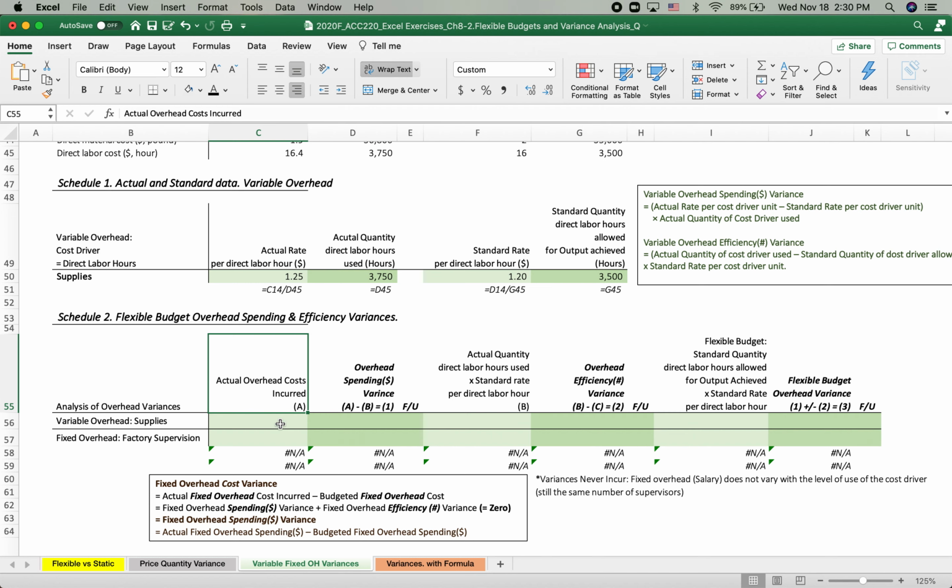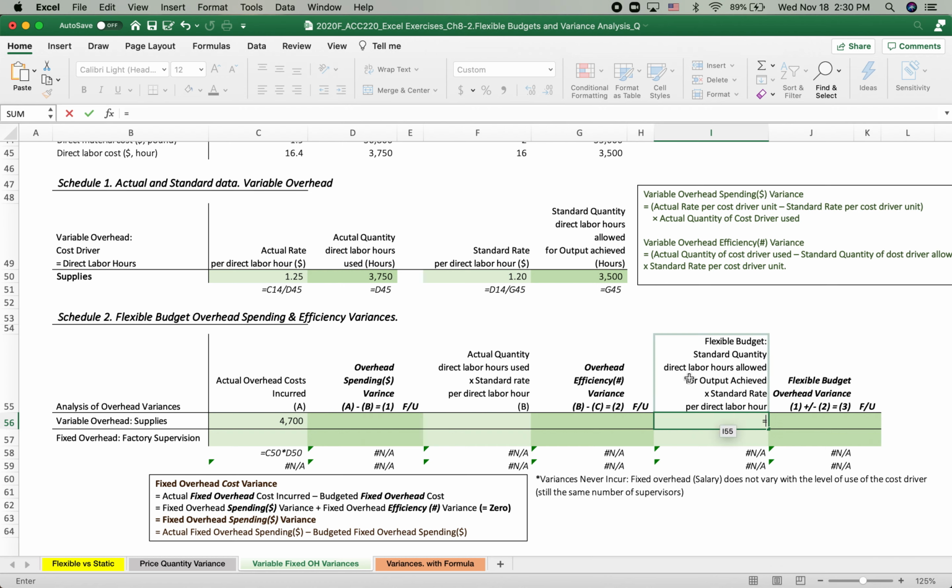Then the actual overhead cost. How much is the actual overhead cost? Let's just multiply the actual rate and the actual quantity: 4,700. Oh, let's do this one first.